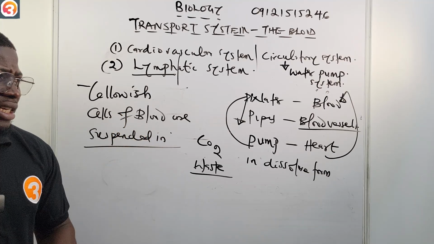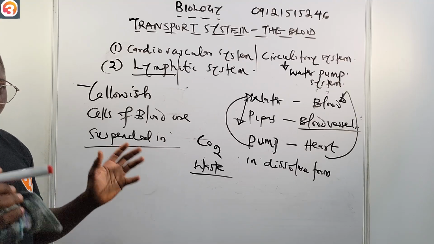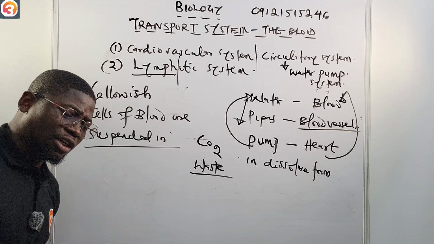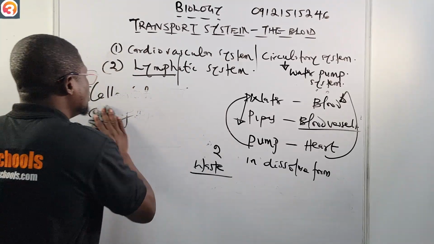Then of course that now takes us to the cellular part. We say there are two major components: the fluid part, the plasma, and the cellular part, which is the cells which make up the blood.